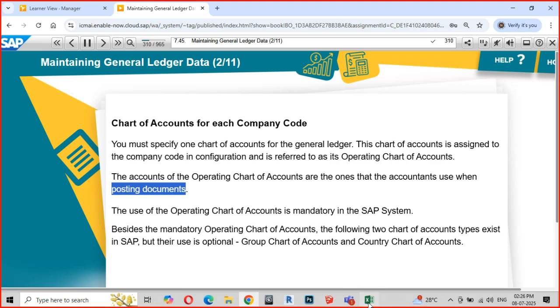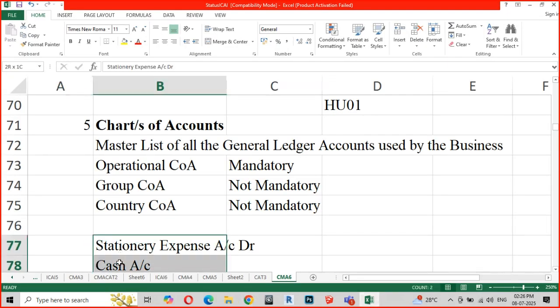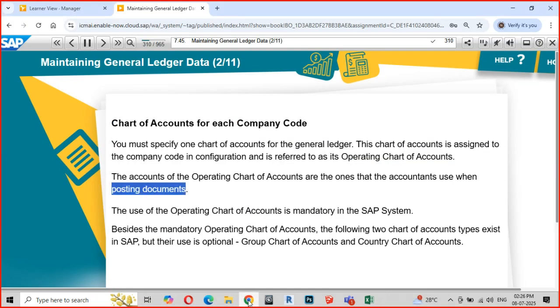Your stationery account debit to cash account is one document. Clear? I will explain this in detail. Saving this particular entry is referred to as posting. I have still not come down to that concept. Just hold on.